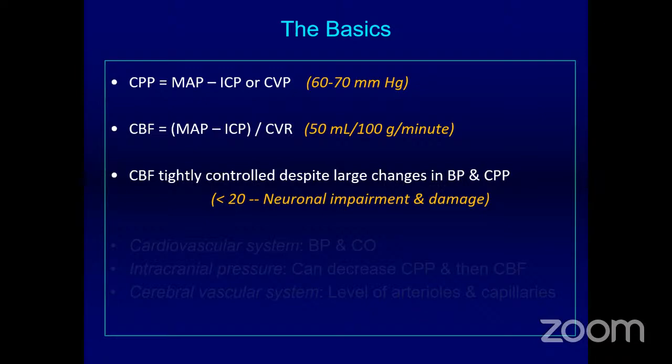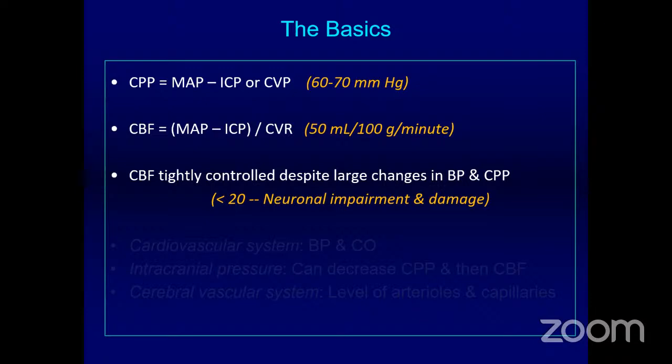Otherwise, there would be a lot of fluctuations, resulting in problems on both the higher and lower side, if there were a linear relation with the parameters. What is actually seen, a basic protective mechanism of the brain, is that despite a lot of changes in the blood pressure and the cerebral perfusion pressure, the cerebral blood flow is maintained at a particular level, so that it does not have a drastic impact on the brain.